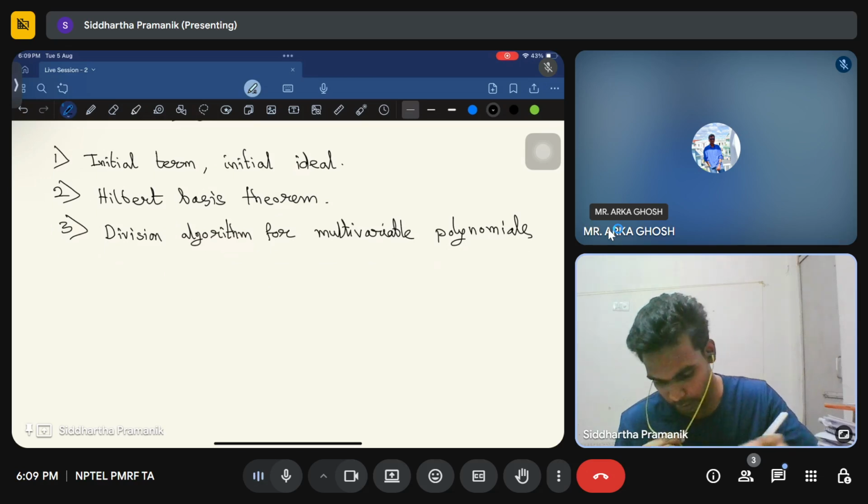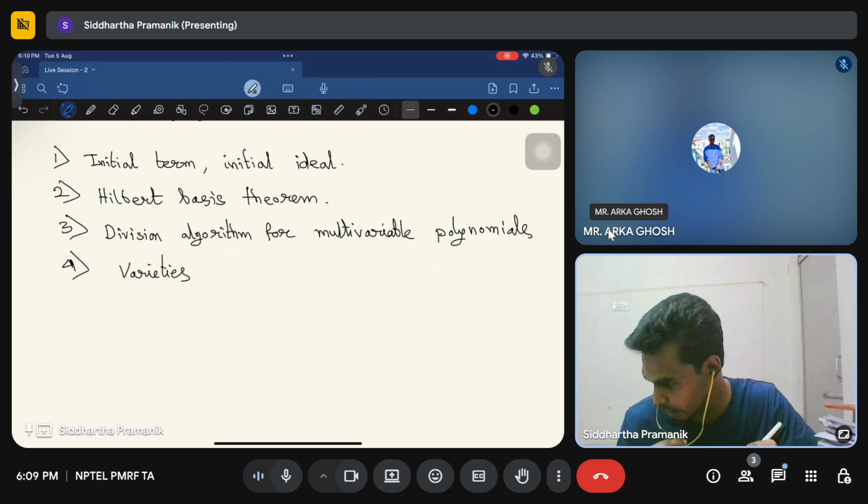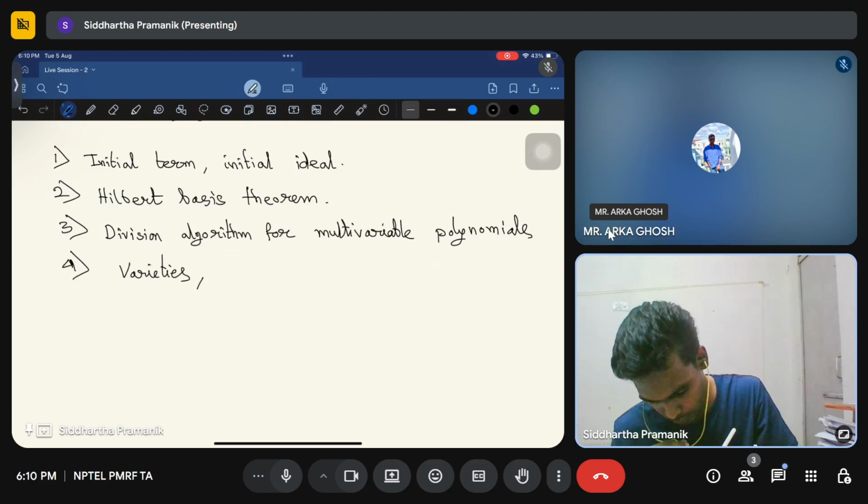Then we have defined algebraic varieties and some versions of the Hilbert Nullstellensatz.